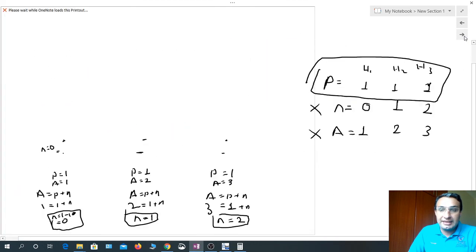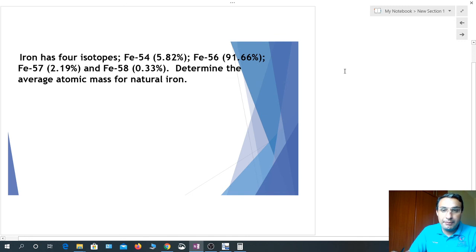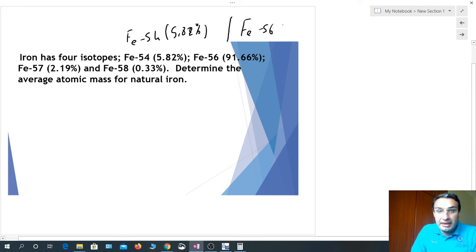Here I have the last example. I am going to give you one more example to make it clear: iron, my dears. Iron has 4 isotopes. One of them, iron with 54 atomic mass, has an abundance of 1.82 percent. Another one is iron with 56 atomic mass, with an abundance of 91.66.